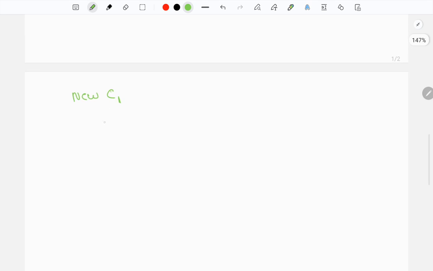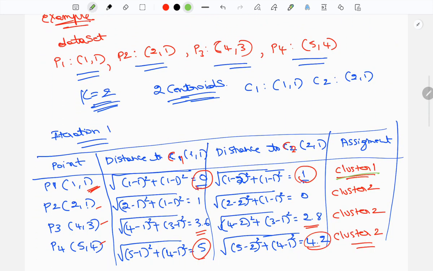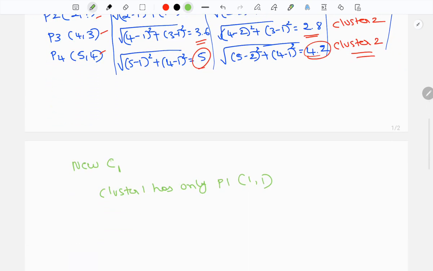Since cluster 1 has only P1, that is 1 comma 1, in cluster 1 there is only one data point, P1 (1, 1). So what is the average? Since there is only (1, 1), the new C1 will be (1, 1) only, isn't it?